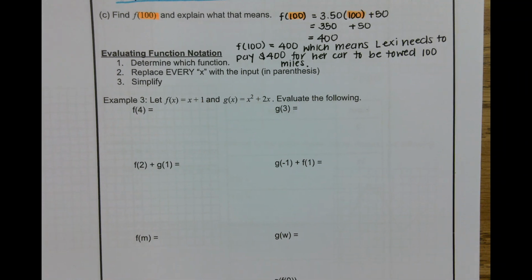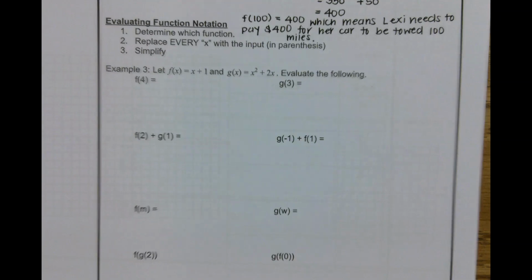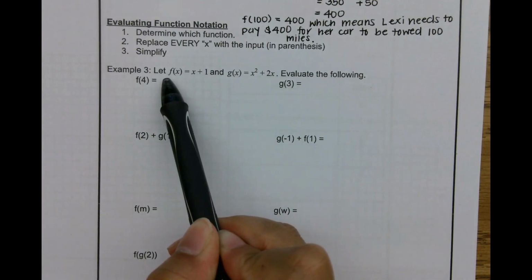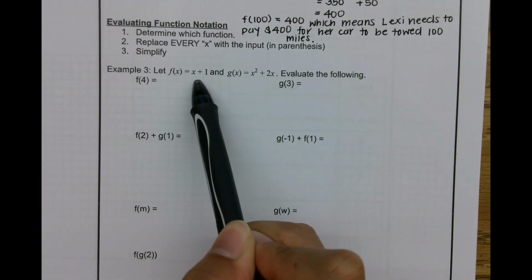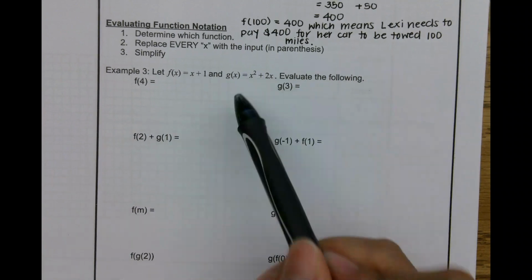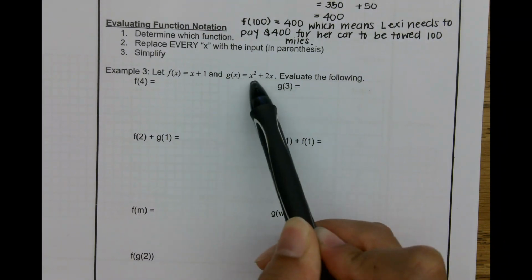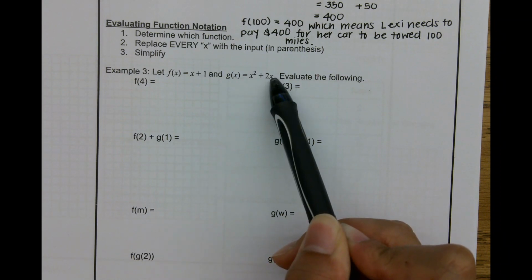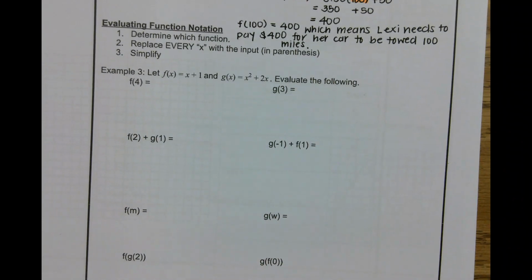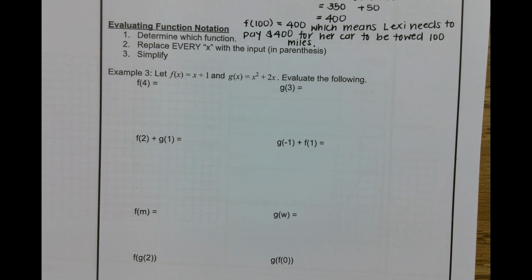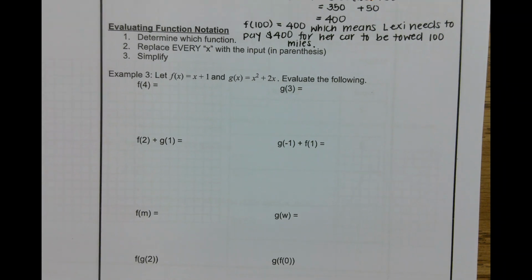So here we have 2 functions. One is called f, okay? And that's represented by the rule x plus 1. And then the other function we have is g. That's represented by x squared plus 2x. Okay? So we're going to evaluate the function. So here it says f of 4 equals. So first thing, I need to know which one am I talking about.